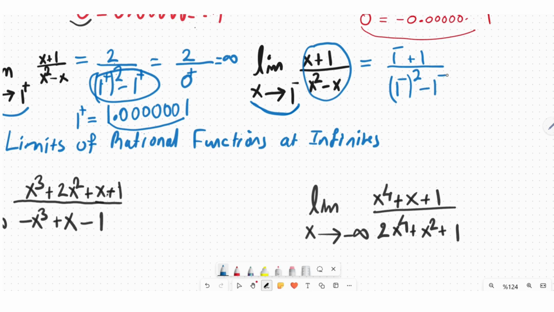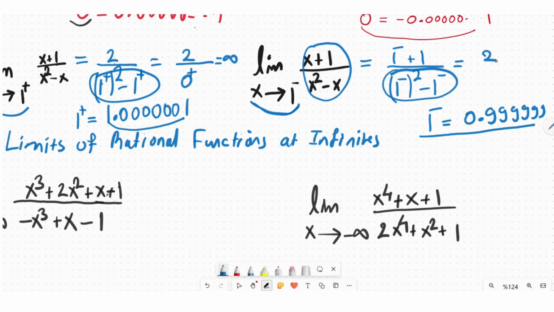In that case, we may regard this as a number which is very close to 1 but smaller than 1. When we substitute any number like that into the bottom here, we are going to have a number which is very close to 0 but negative. And the answer will be minus infinite.